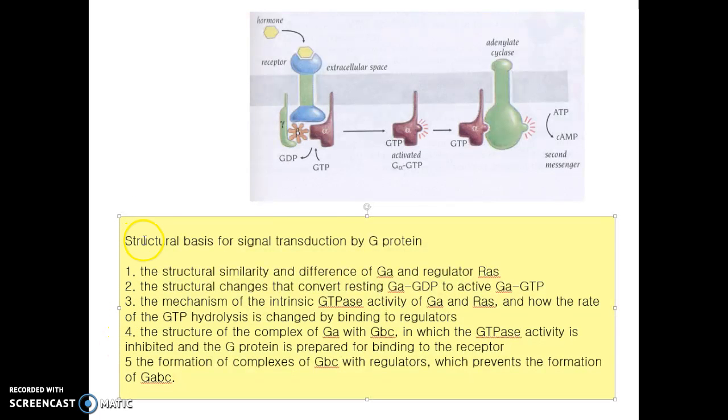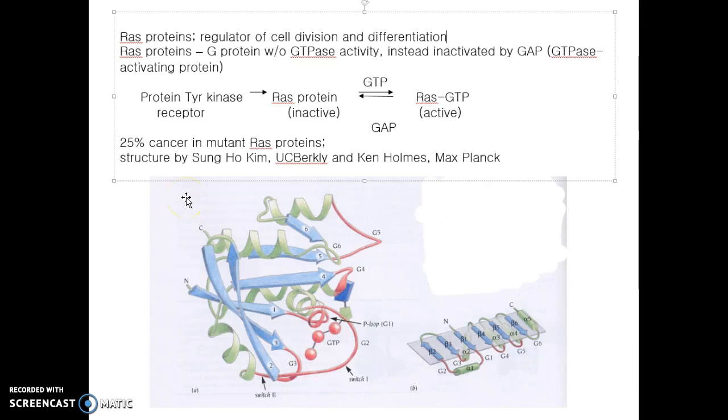Here we're going to look at the structural basis for signal transduction induced by G protein. Many interesting aspects are shown here. Ras proteins function as regulators of cell division and differentiation. Ras protein is a kind of G protein, but it doesn't have much GTPase activity.